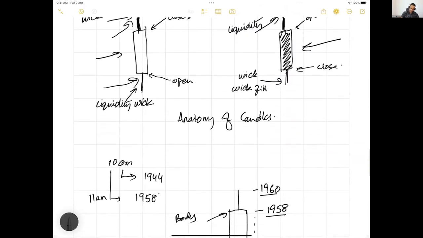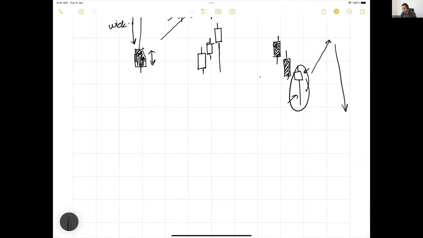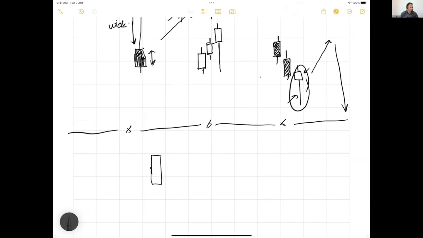Next, we have certain candles which have no wicks on them, which is a whole other topic in itself. Let's say you have a bullish candle that forms like this. What does this mean?